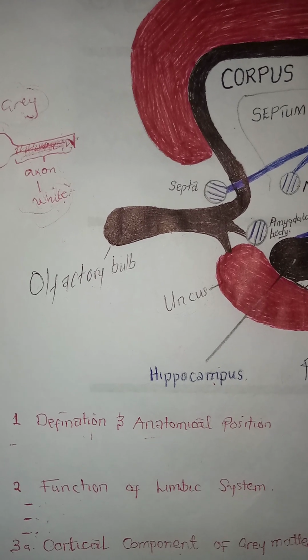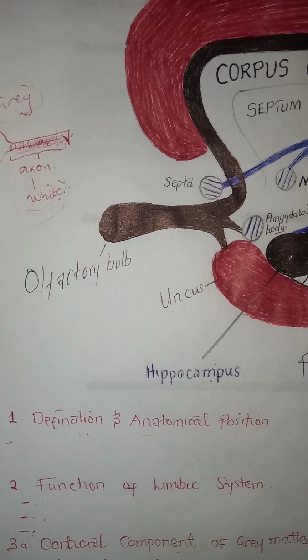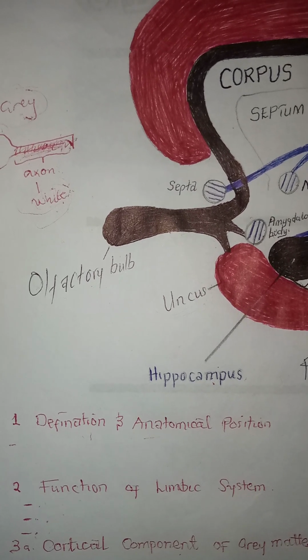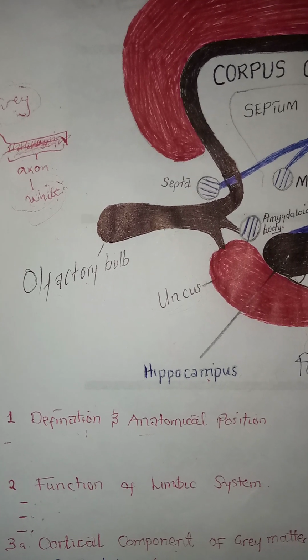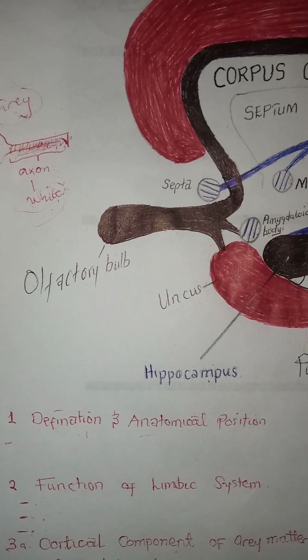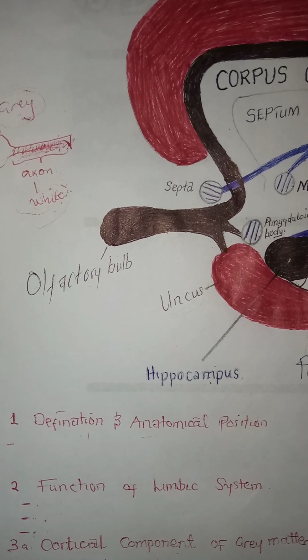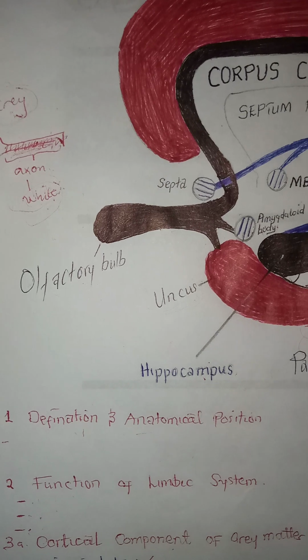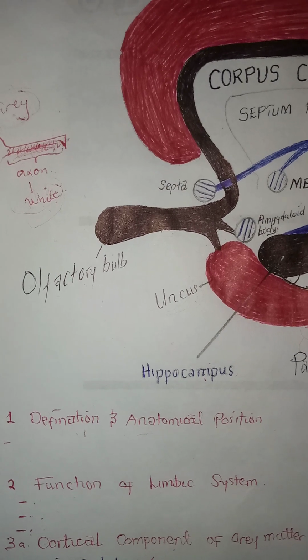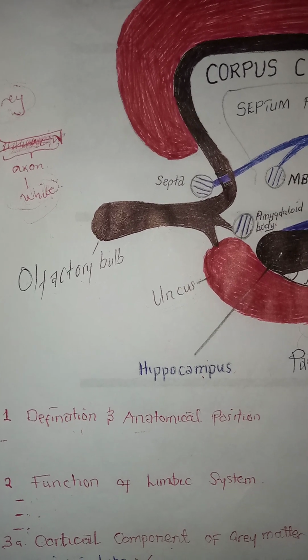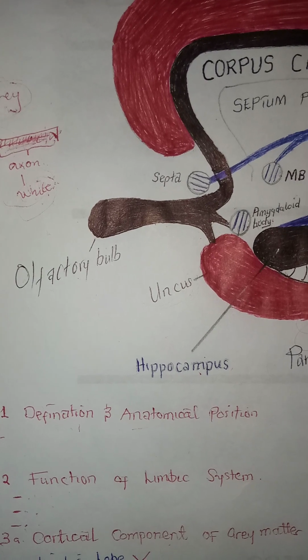The next function is that it is involved in recent memory. Then the third function is that the limbic system is also involved in the integration of olfaction.